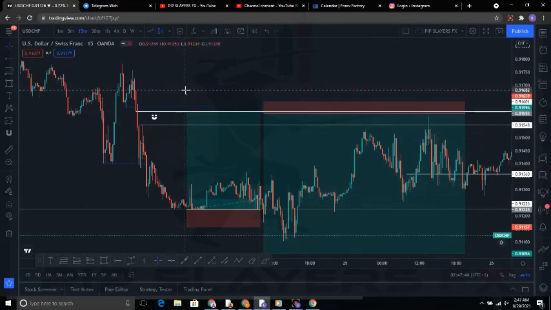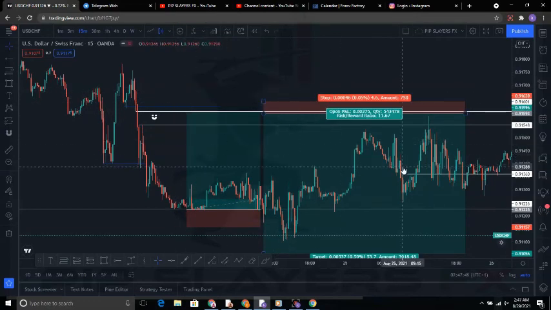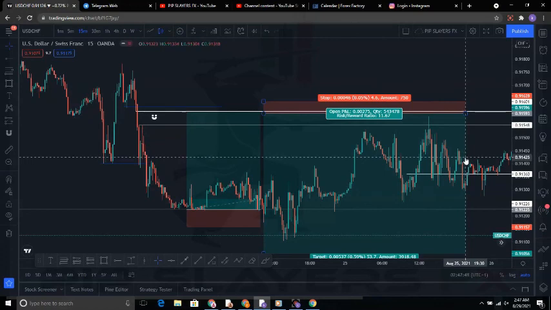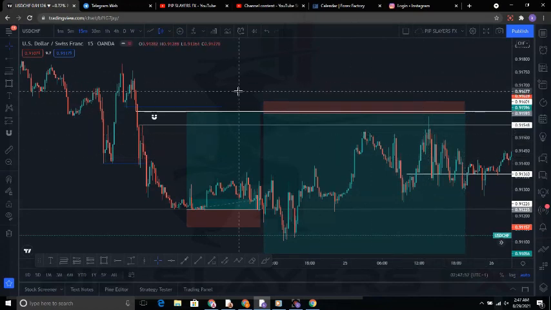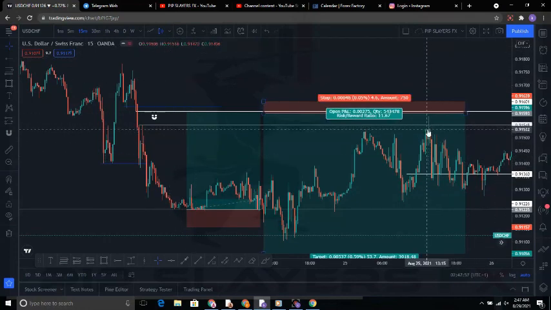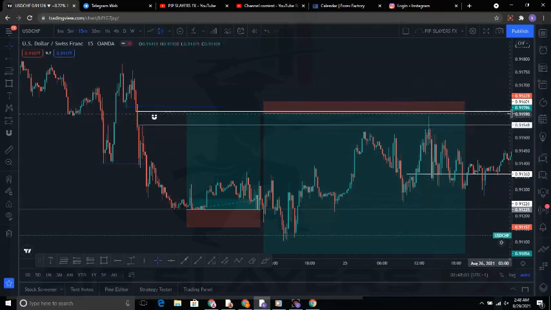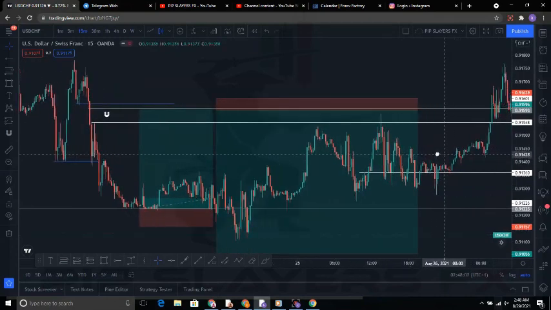But the market didn't really get into our entry point. The high of this candle, check here, the high of this candle, 0.91581. Our entry was 596. It didn't tap into it.